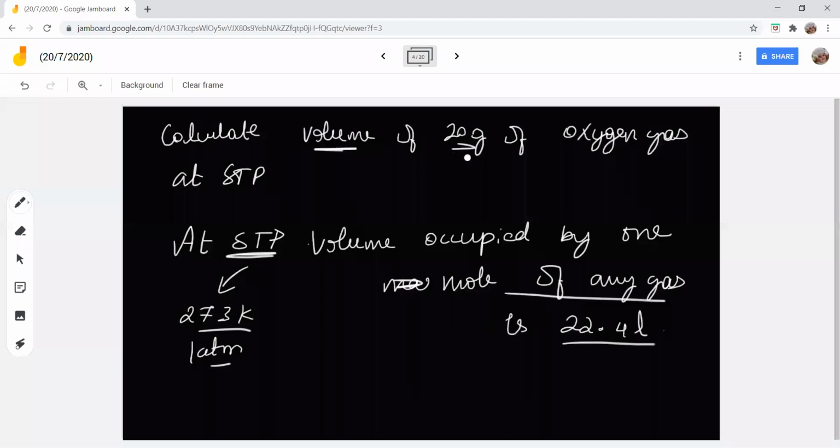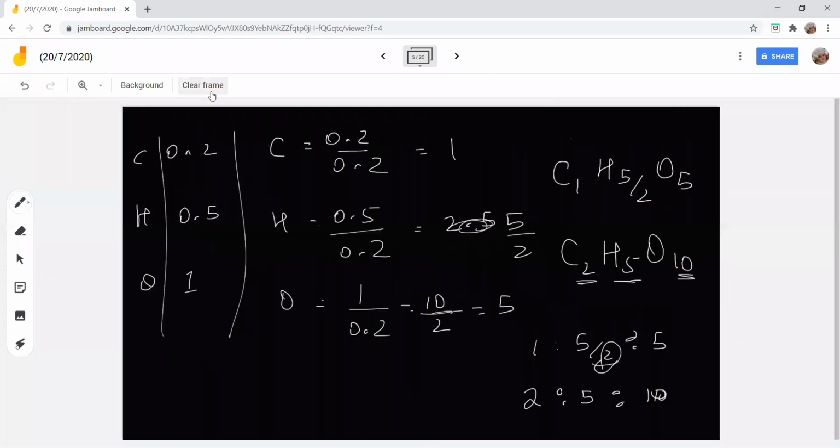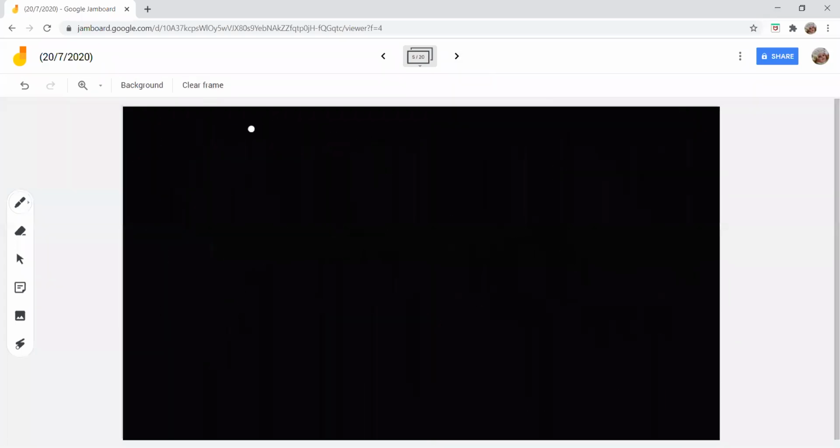Now I should know the number of moles of oxygen gas present. Am I right or not? So the ratio again is between number of moles and mass. 1 mole of oxygen gas: in gaseous state oxygen will always be O2 only, not O. So 1 mole of oxygen gas weighs 32 grams. Correct?